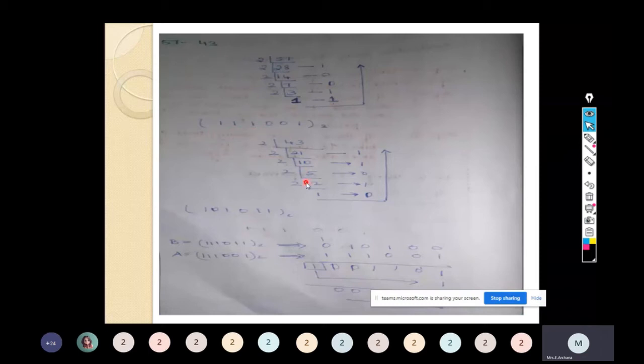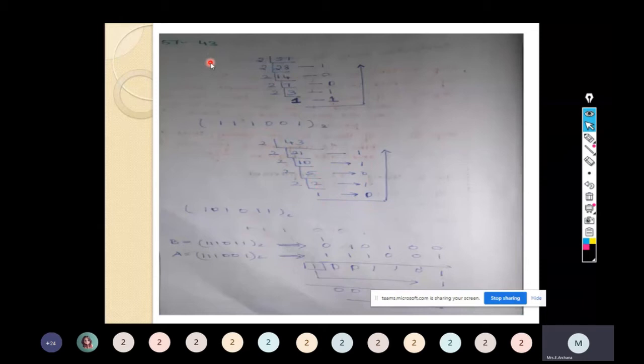For 43, we divide by 2: 21 twos are 42, remainder 1. 10 twos are 20, remainder 1. 5 twos are 10, remainder 0. 2 twos are 4, remainder 1. 1 two is 2, remainder 0. So the answer is 101011 for 43. So it is of the form A minus B.